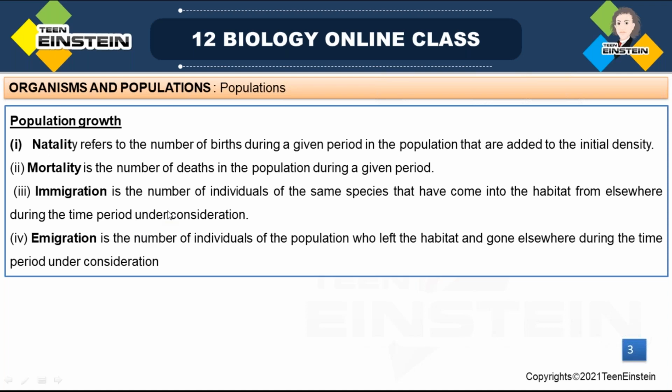In immigration, individuals are coming to a habitat from somewhere. But in the case of emigration, some organisms are leaving this habitat and going somewhere else.